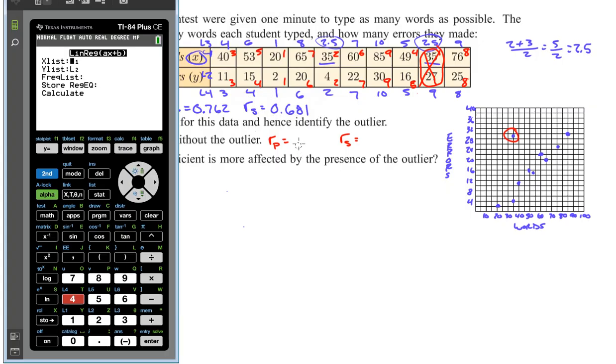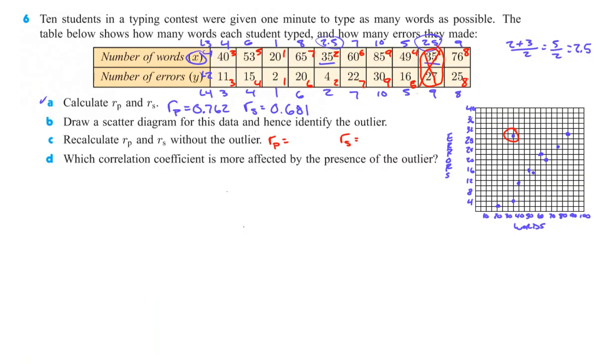And since we're going to do the Pearson's one first, we're going to leave list 1 and list 2 in there. All the way down to calculate, push enter. And that will give us our new 0.976. Okay, so now we are 0.976 compared to 0.762. So that's pretty significant.